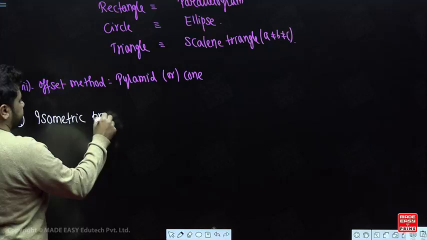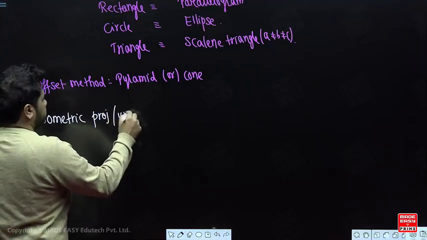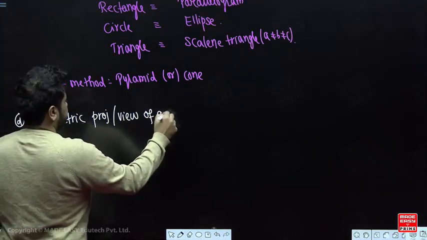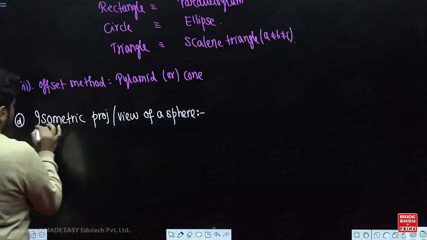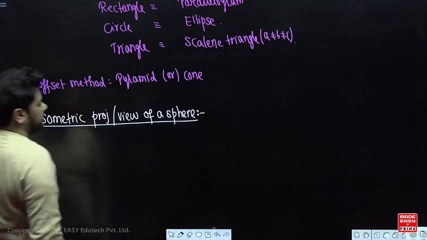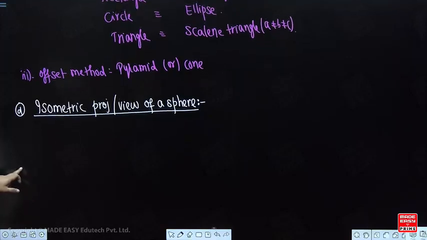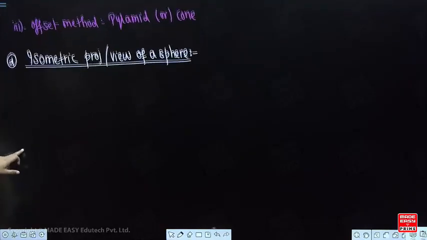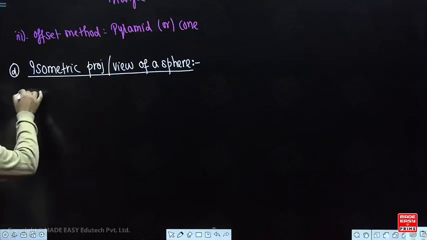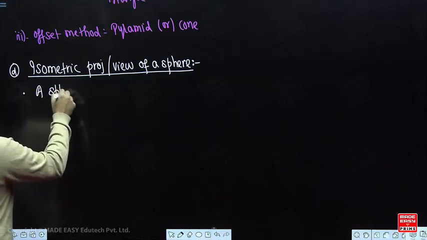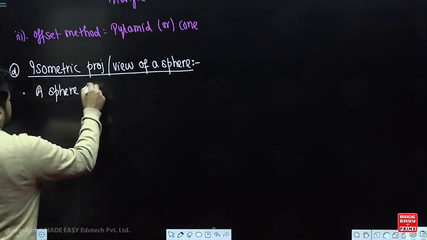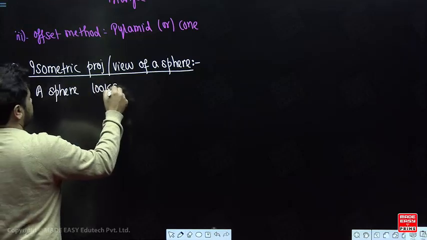Isometric projection or view of a sphere. Isometric projection or view of a sphere. So look carefully.